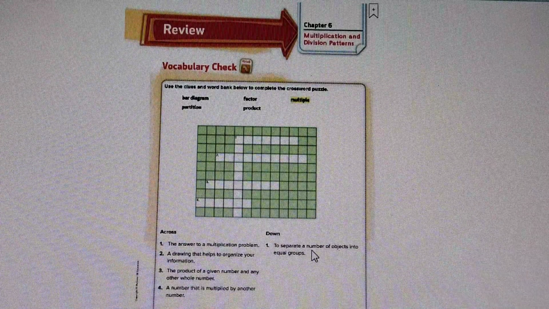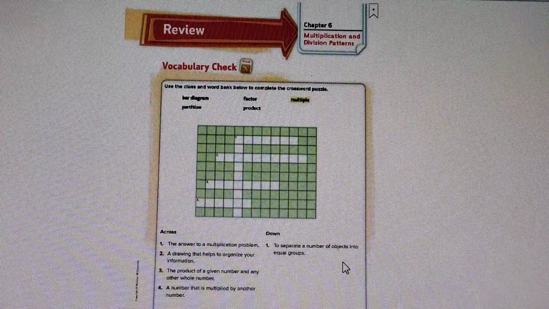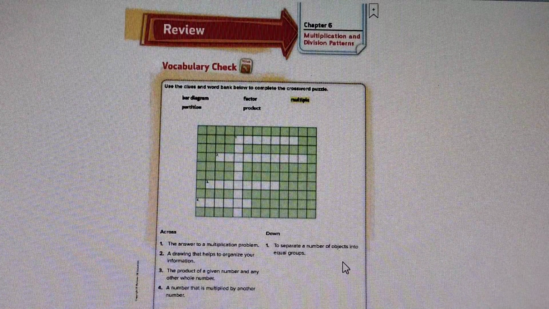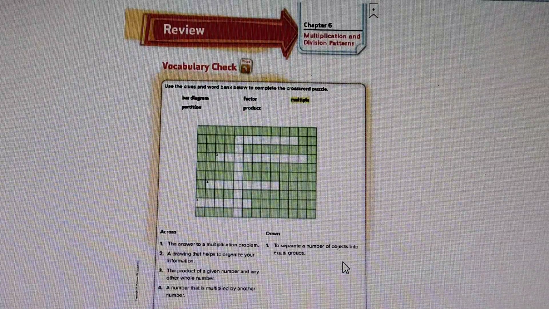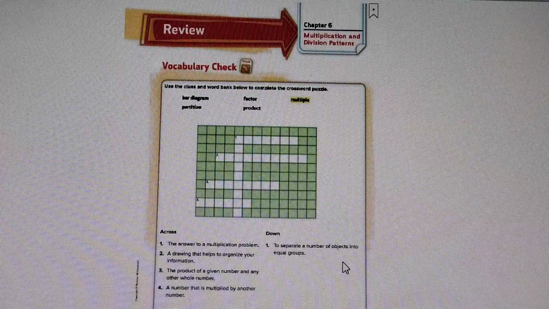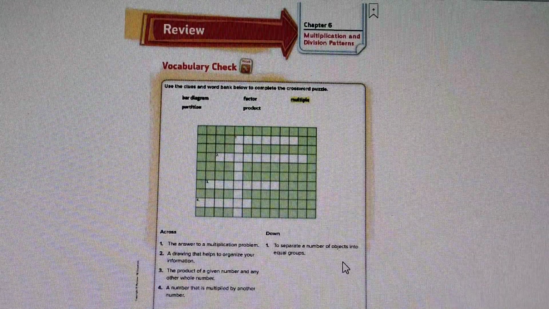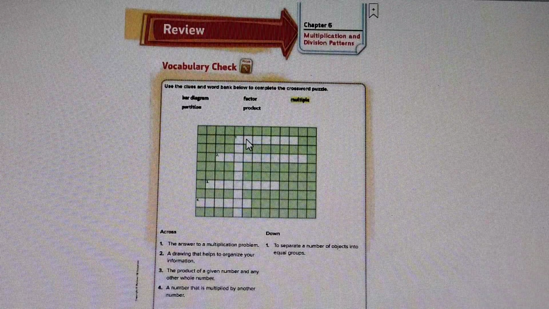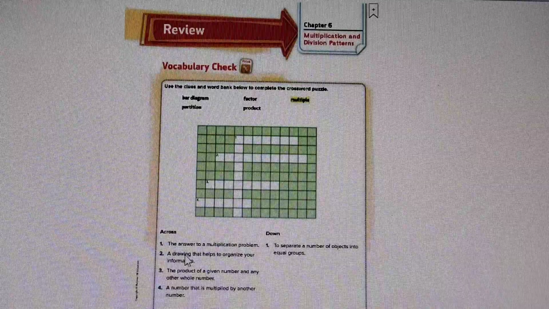To separate a number of objects into equal groups. So which word there means to separate objects, sort of like one at a time, into equal groups? And that word will go right down this way. And then it will help you with the across clues.